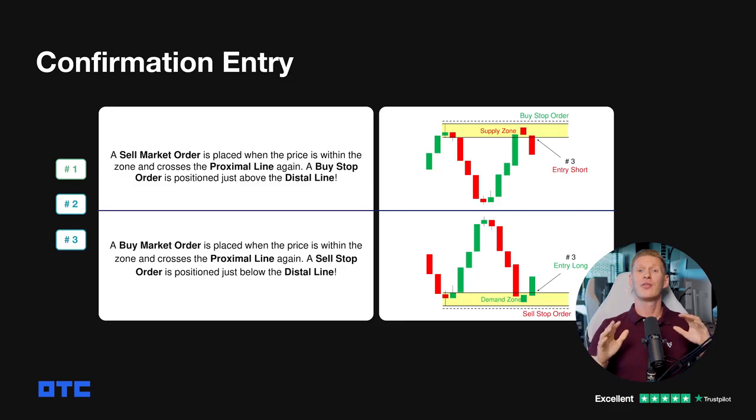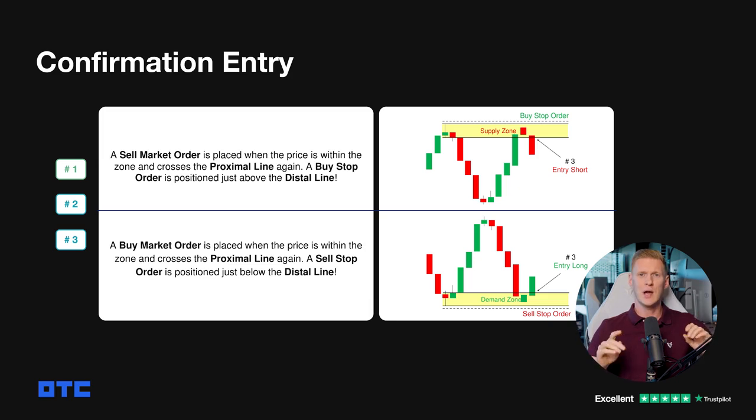Now, let's move on to the final entry type. The third entry type is a confirmation entry, a more conservative method that provides additional confidence before executing a trade. For a short trade, you place a sell market order only after price has entered the supply zone and then crosses the proximal line again.